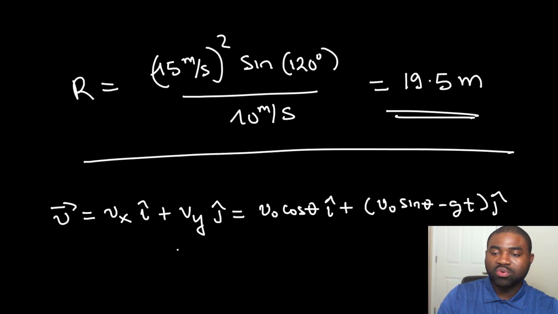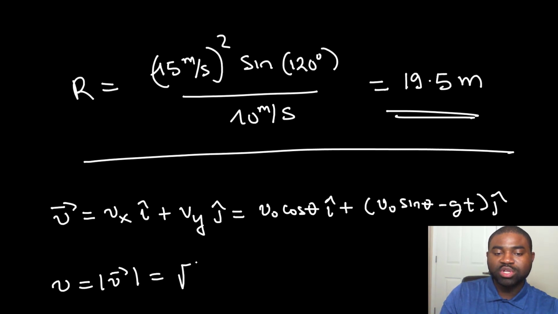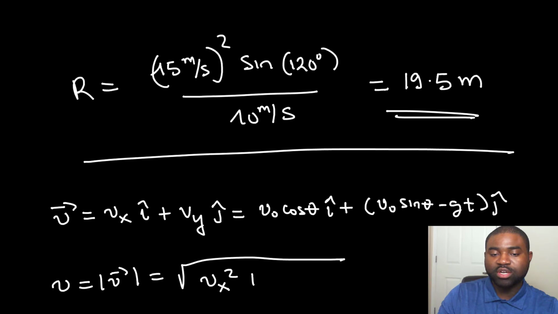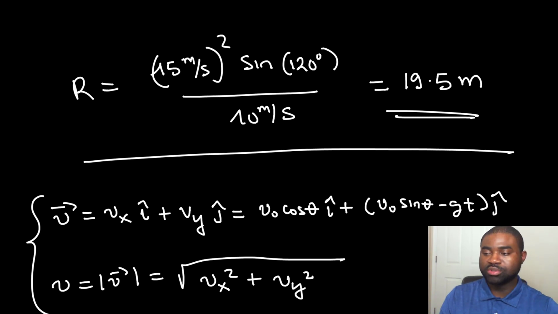Now, if I ask you to calculate the speed at any time, the speed is just the magnitude of velocity, which is given by the Pythagorean theorem. This is the square root of Vx squared plus Vy squared. Now, this will come in handy pretty soon.